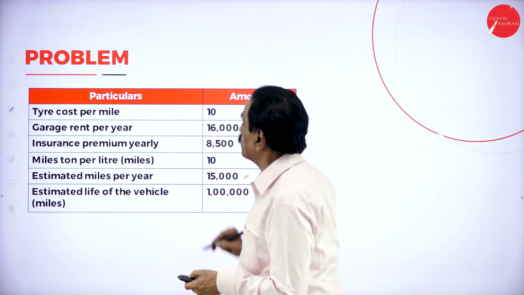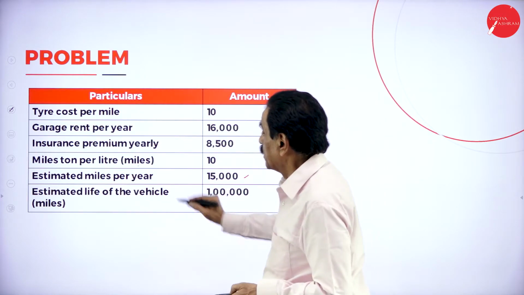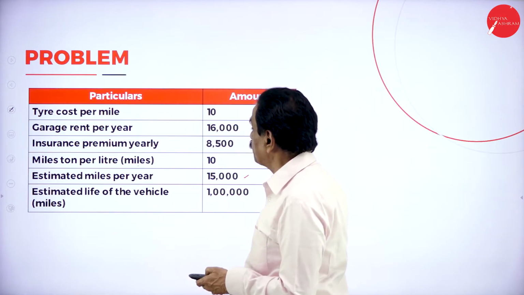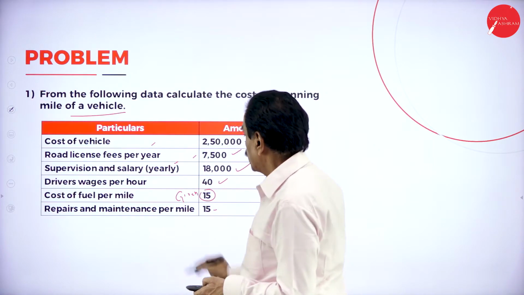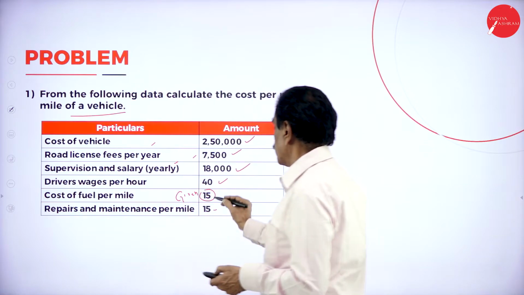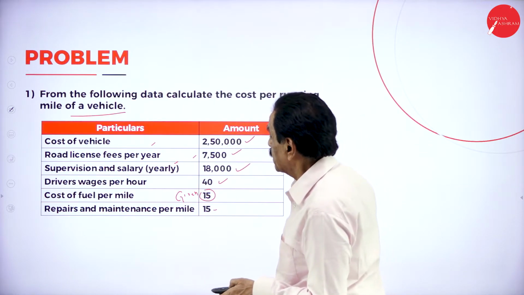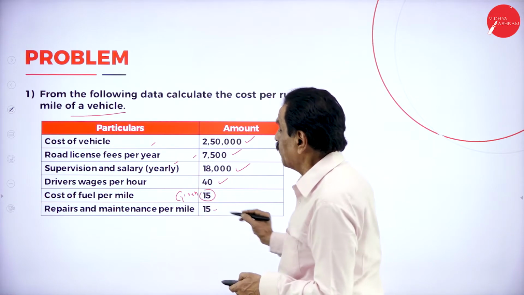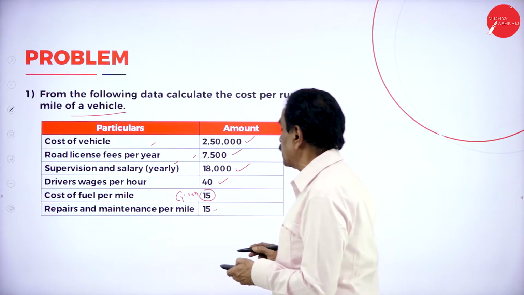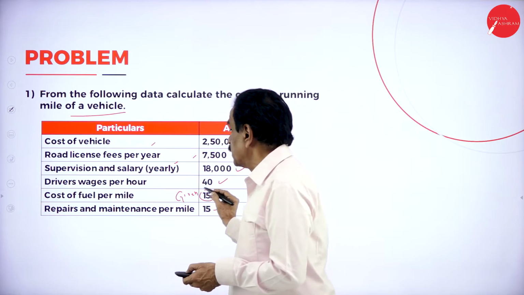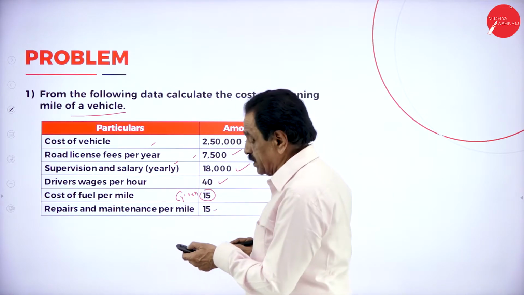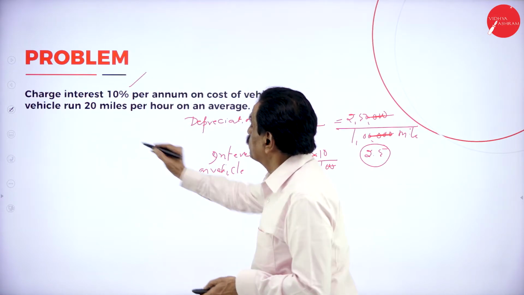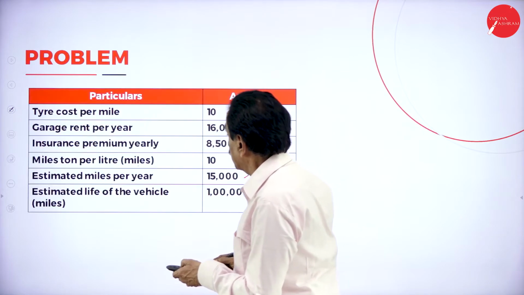Then come back here. Tire cost per mile 10 rupees. Then cost of fuel per mile 15, repairs and maintenance per mile 15. Then it says driver wages is 40, but the vehicle runs 20 miles.